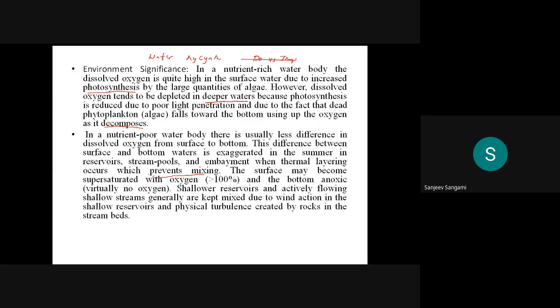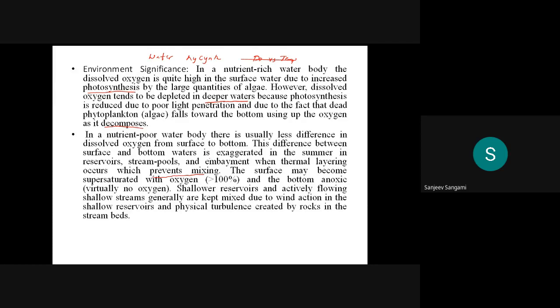This stagnant water definitely decreases the dissolved oxygen present in the water, because there will not be any fresh water coming in and going out. So as the water level in the pond goes on decreasing, the dissolved oxygen also goes on decreasing.